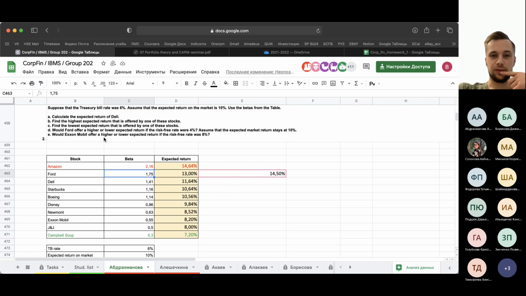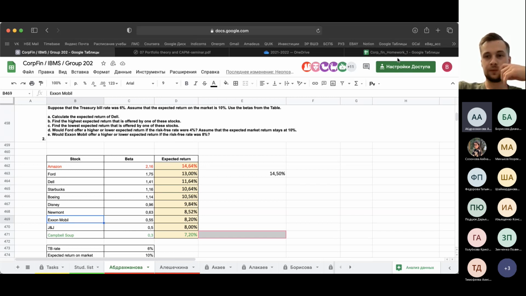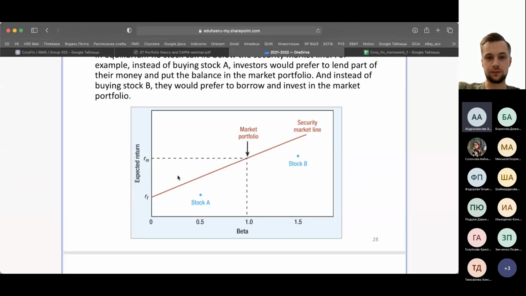And what about ExxonMobil? If the risk-free rate rises by 2 percentage points to 8%, will the return be higher or lower? For the same reasons, I guess it will be lower. From the graph, the slope will show that the expected return will be lower.